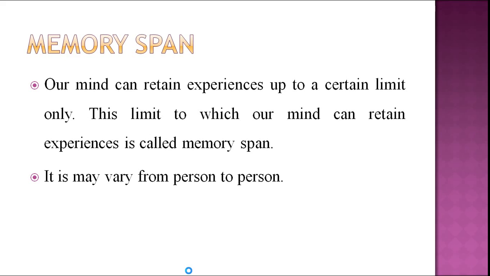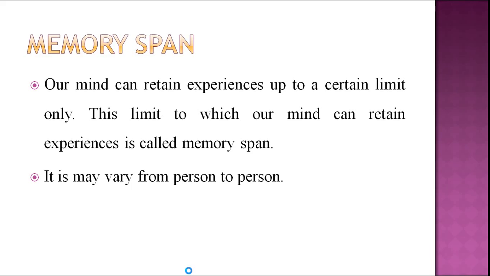Someone's memory capacity is not equal to mine, and my memory capacity is not equal to another person's. So the retaining capacity of an individual varies from another individual. We can say that memory span is nothing but the limitation of storing experiences as images in our mind. So this is all about memory span.